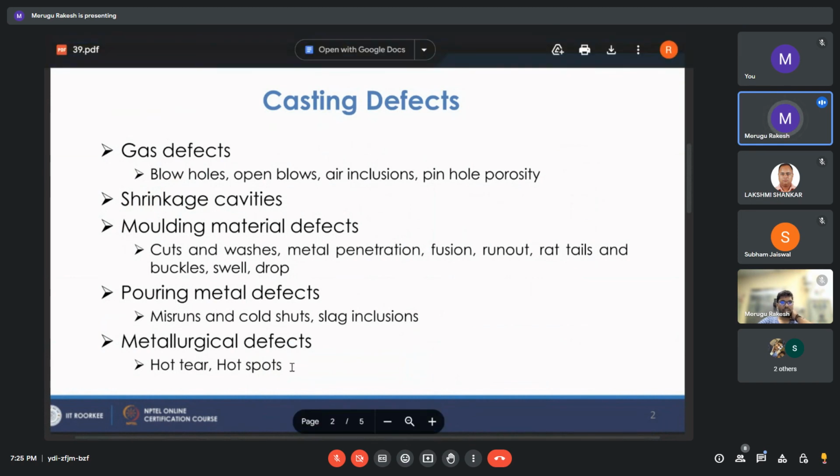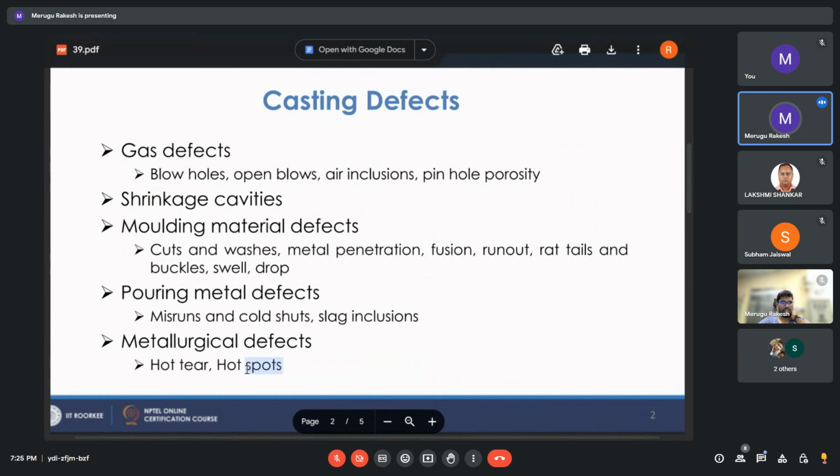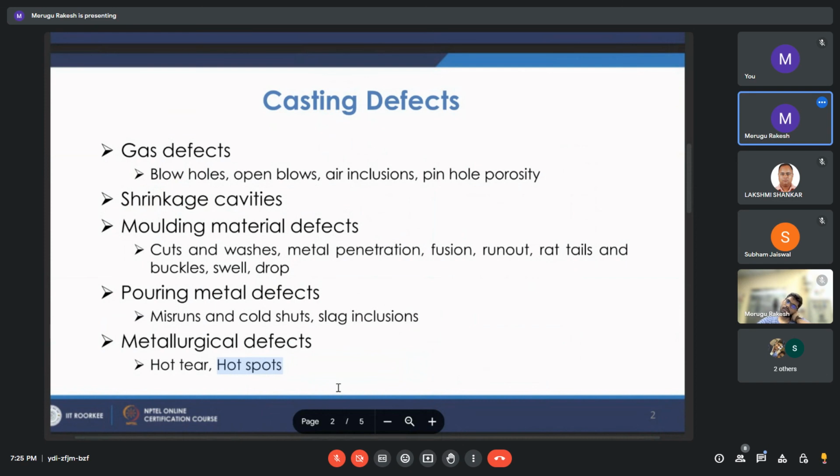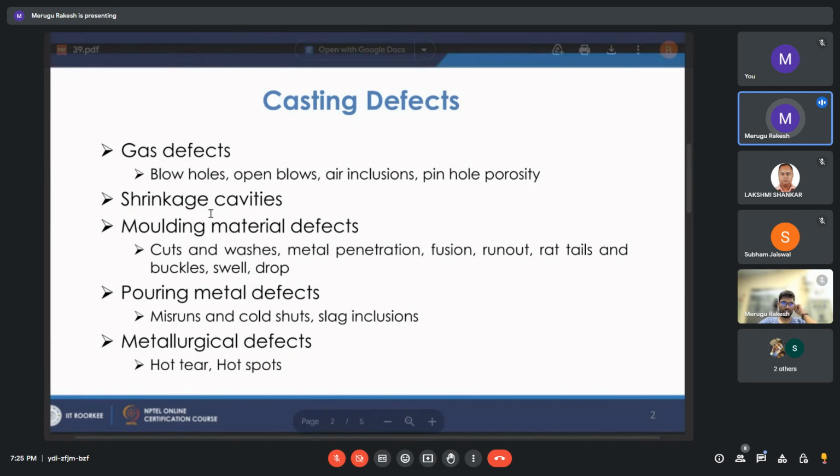Whereas hotspots are, I think, two orders higher than shrinkage cavities. Okay, sir. You can understand hotspots as the last solidifying regions, whereas shrinkage cavities are cavities formed due to the shrinkage effect.